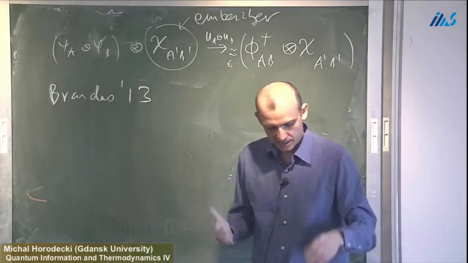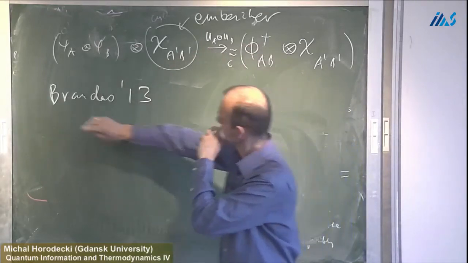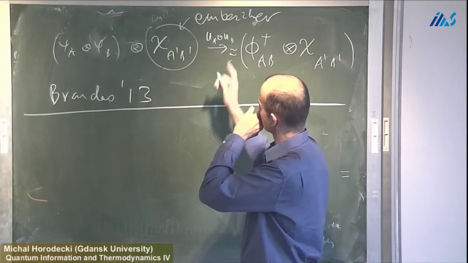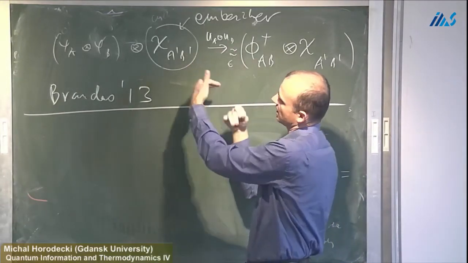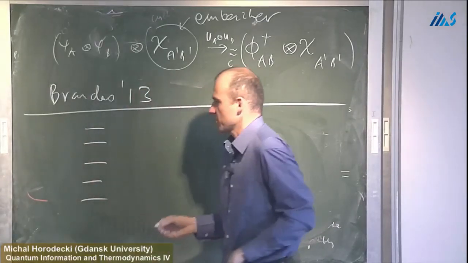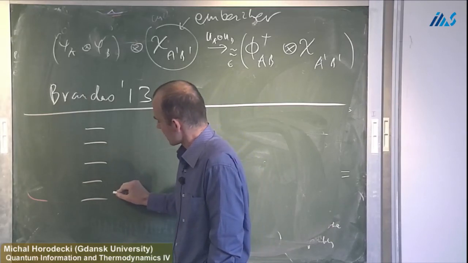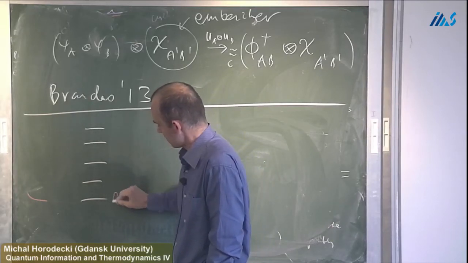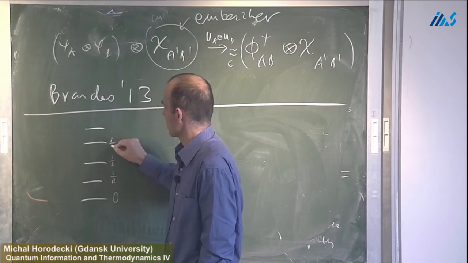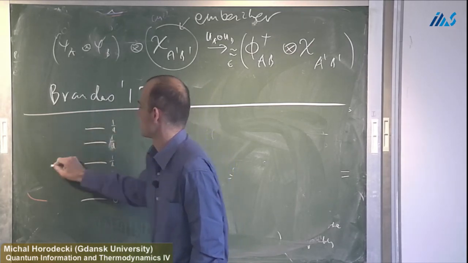But you didn't even need this little bit sophisticated, although extremely nice, proof that is given. You just consider the following situation. Suppose you have a state which has this level not occupied, and here equal occupation, and suppose these are equal energy levels. That's the initial state.